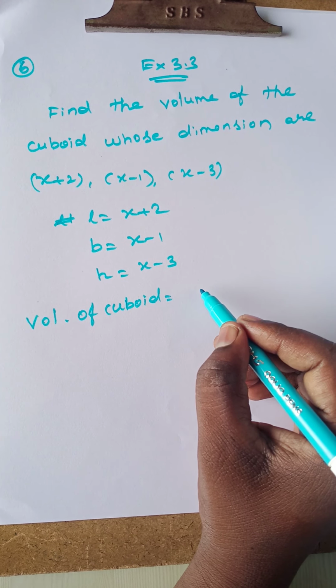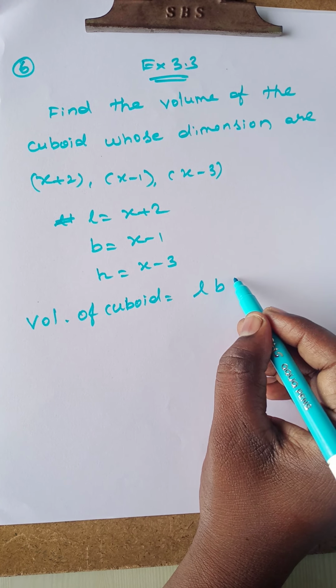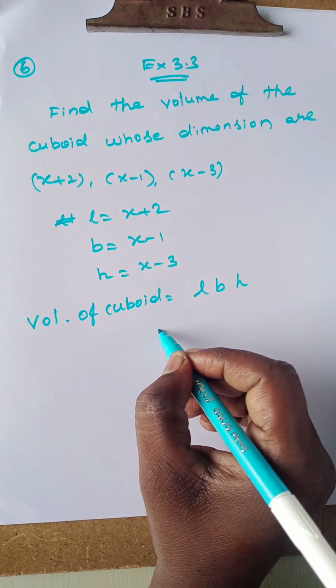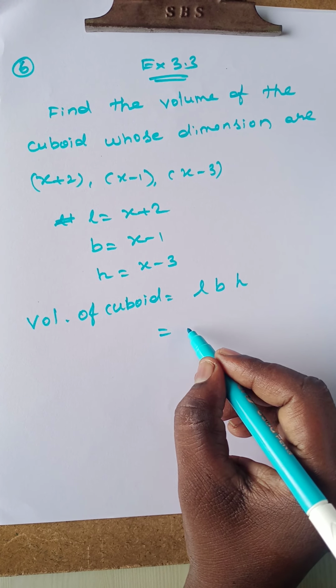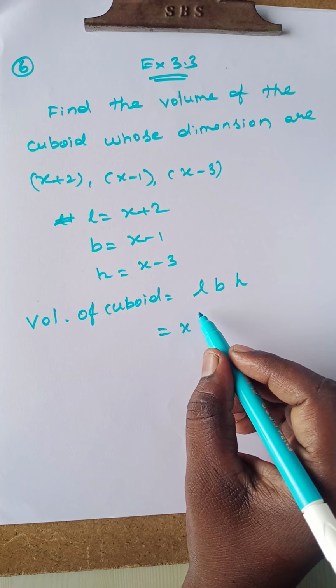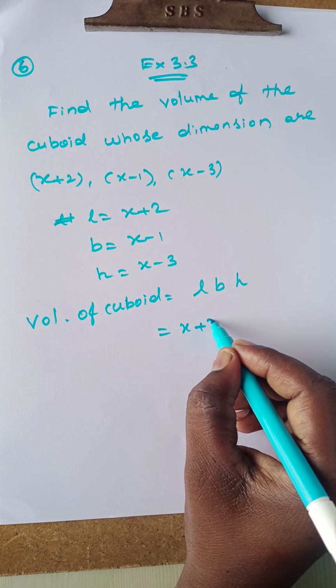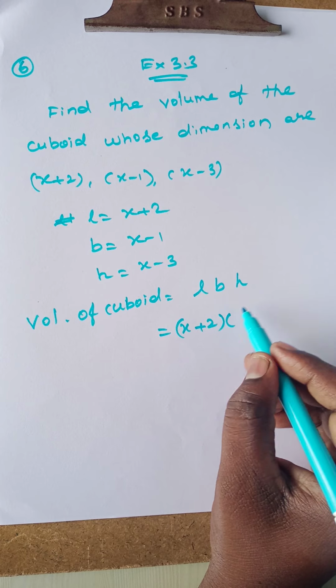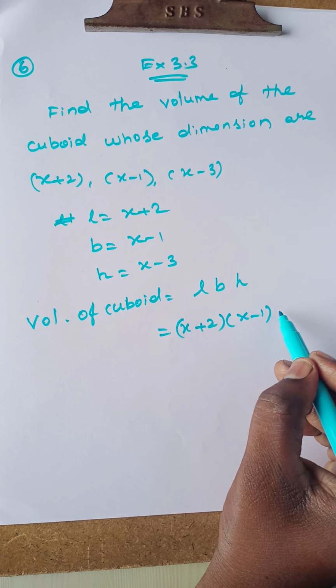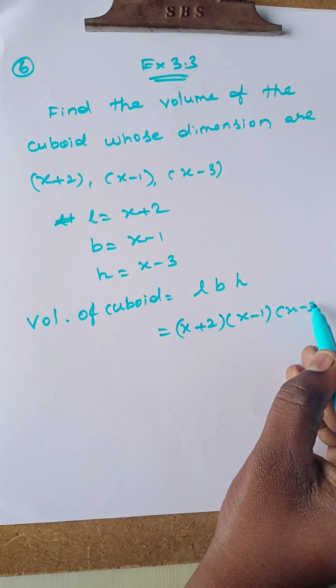Formula l b h, that is (x plus 2) into (x minus 1) into (x minus 3).